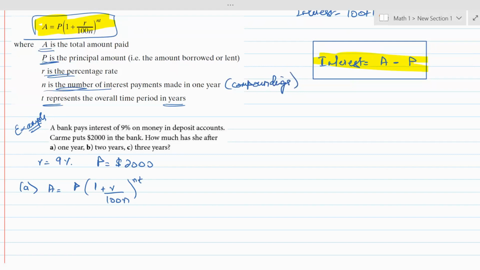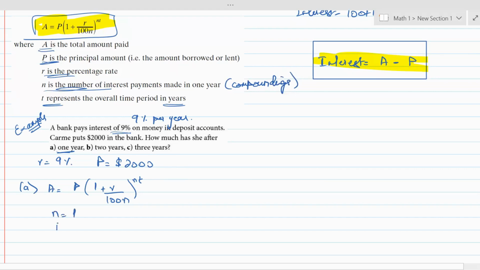It says the bank pays 9%. If the compounding is not defined, then by default it's per year. So by default, if the number of compoundings or number of payments is not defined, you can take it as one payment per year. So in this case, we'll take n as 1 only.